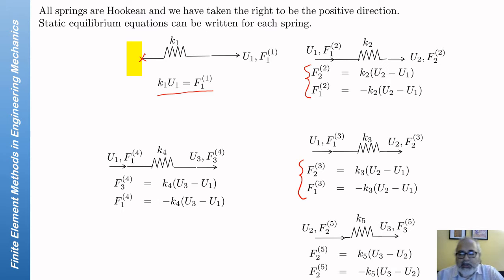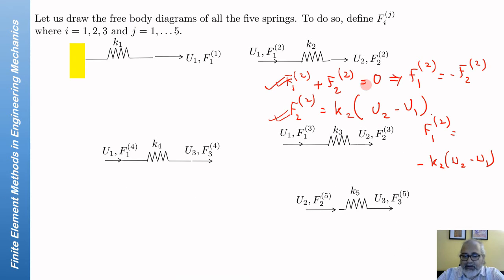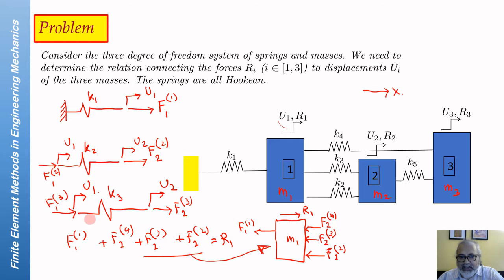So here we are taking the route of a force balance, and as a result, now that we have expressed the forces in terms of the stiffnesses, we can go back and write the free body diagram, write the force balance equations for the masses. So this is for mass 1.